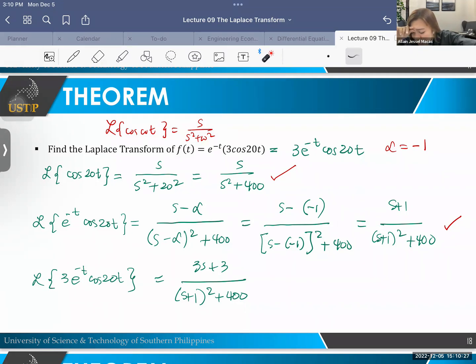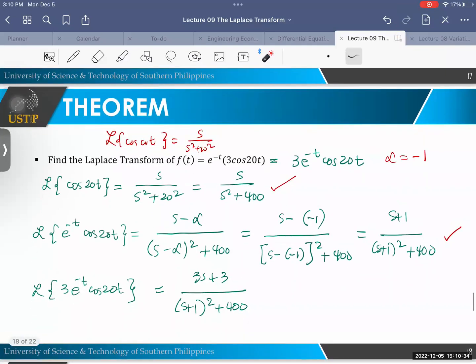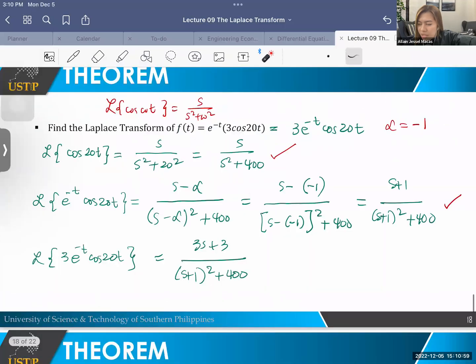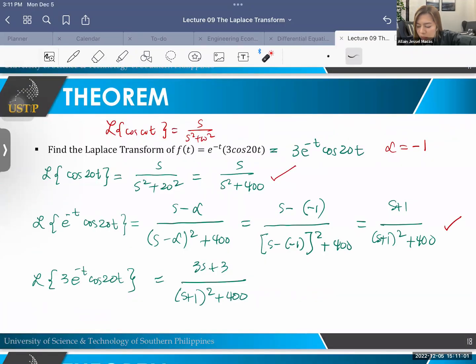Okay, what other questions related to variation or Laplace? For example, ma'am, if it is multiplied by a polynomial, what is the way to do it? The function is a polynomial. That's actually another theorem. This one is for exponential.